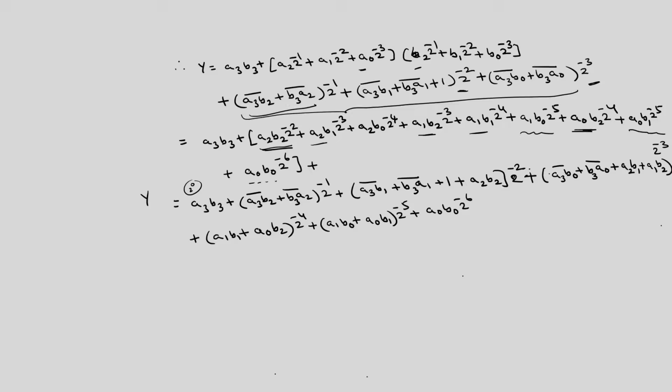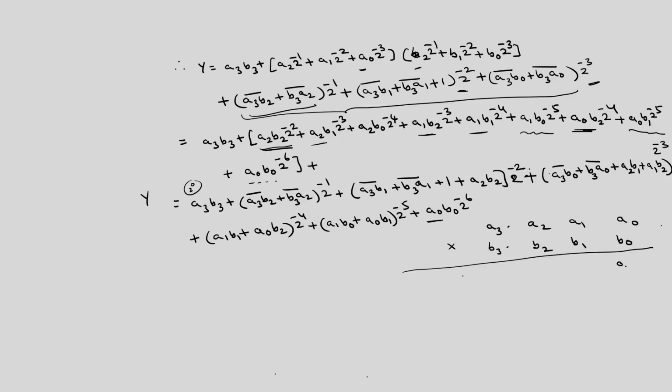Now, I can map this onto the algorithm. If I take the algorithm a3 dot a2 a1 a0 into b3 dot b2 b1 b0, in the case of the Baugh-Wooley multiplier, what is the 2 raised to the power of minus 6 coefficient?